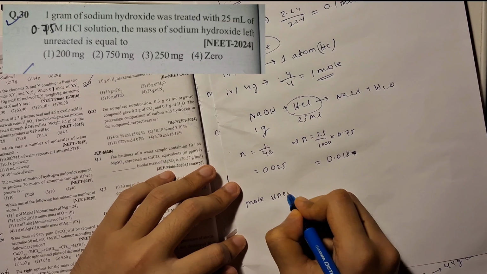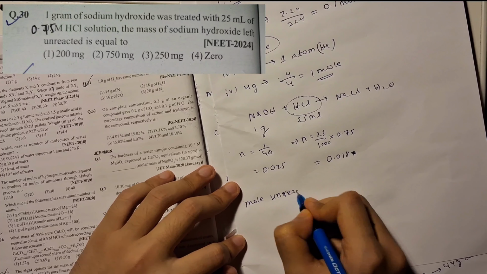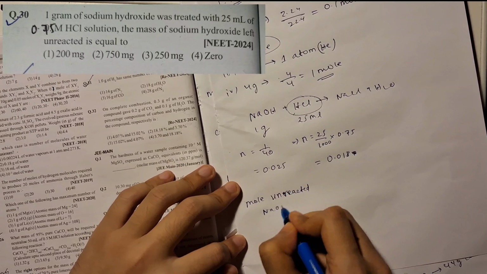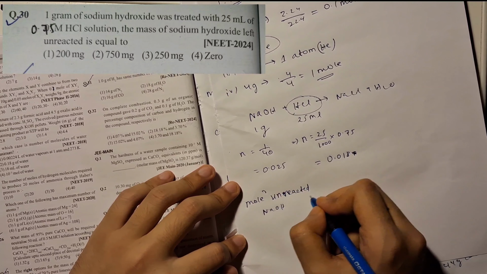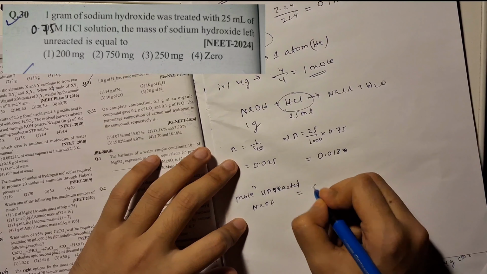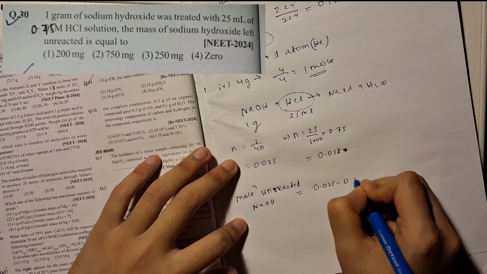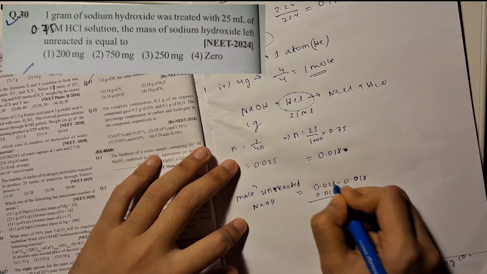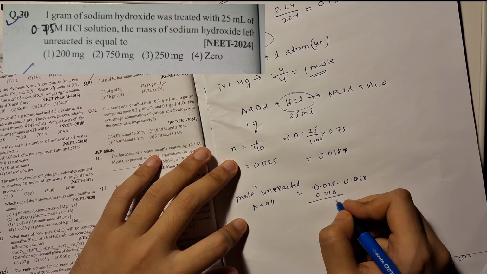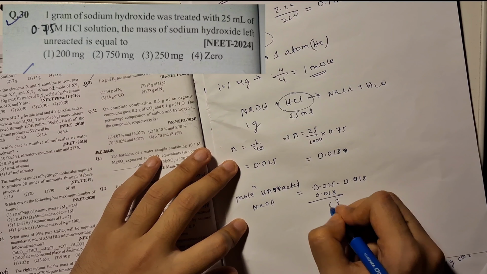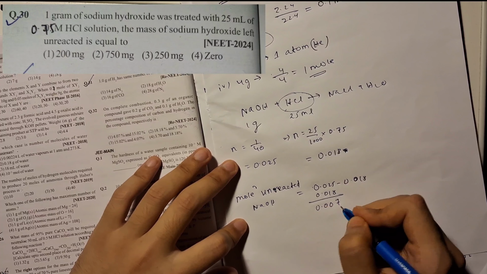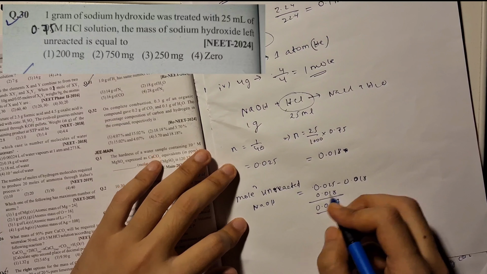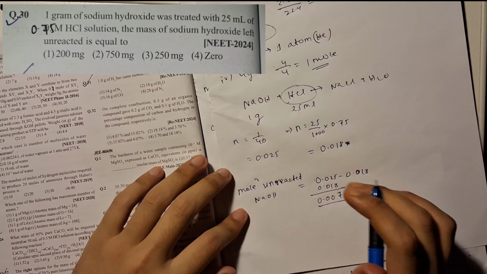Unreacted NaOH moles 0.025 minus 0.018, 0.007 moles remain unreacted.